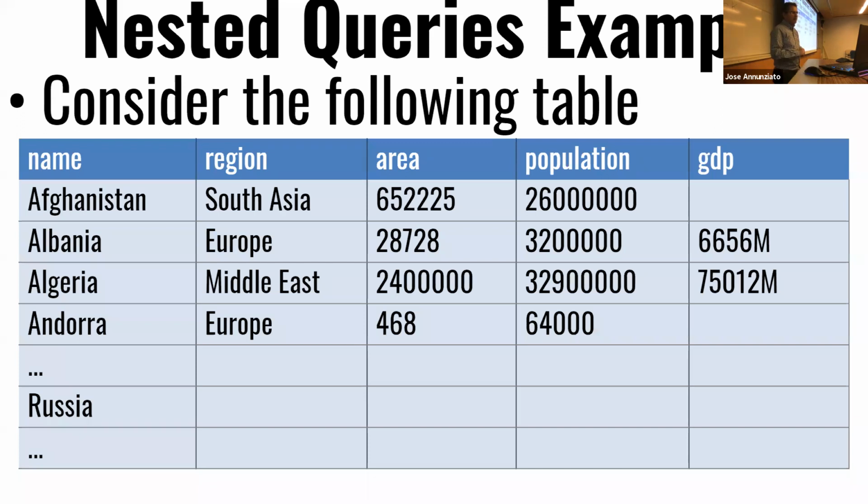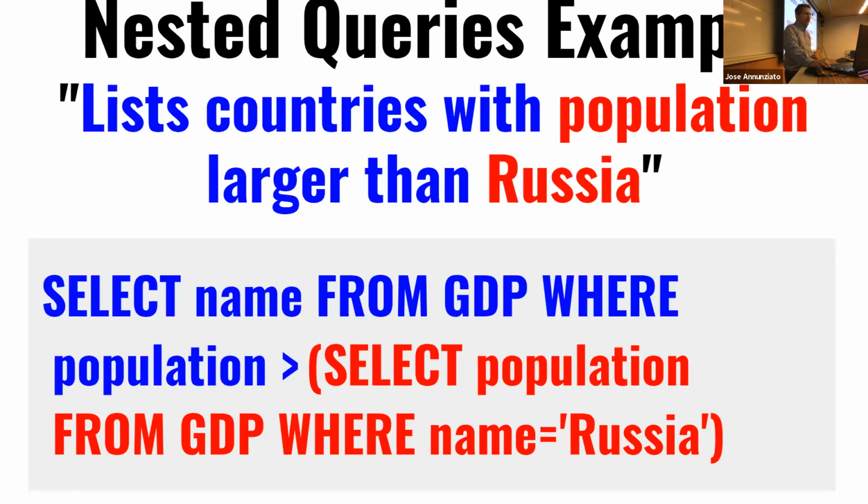Right. Here's another set of queries where we have some statistical values on population and GDP and so on. So you might have a query saying, list the countries with a population larger than Russia, right? Well, there's a couple things that need to be calculated.